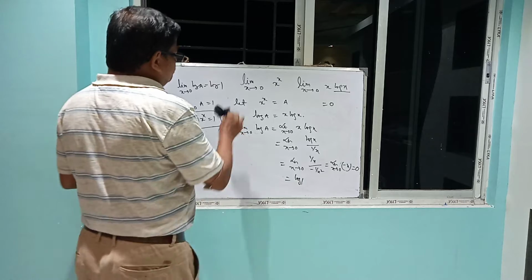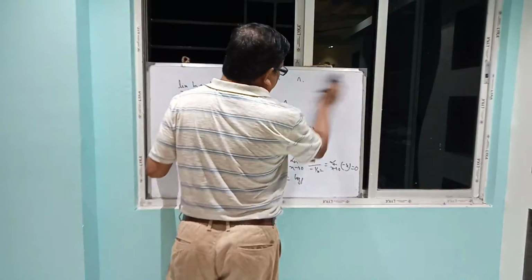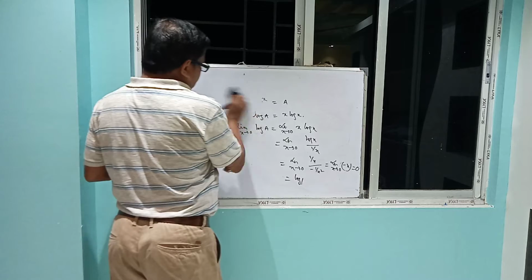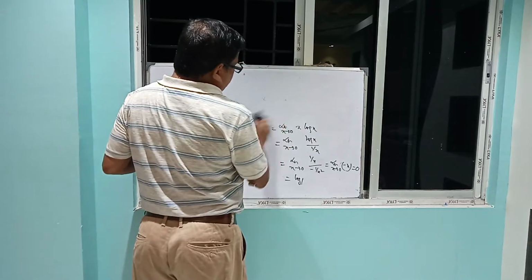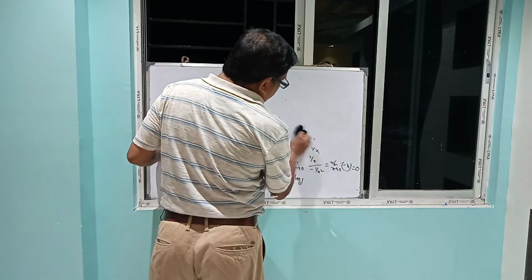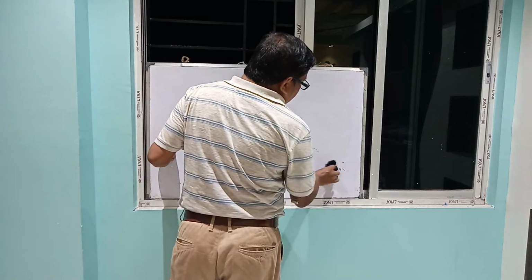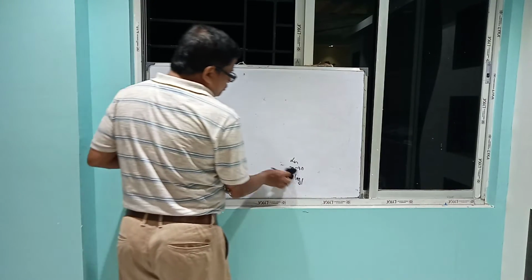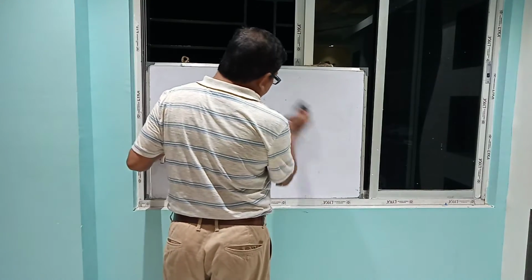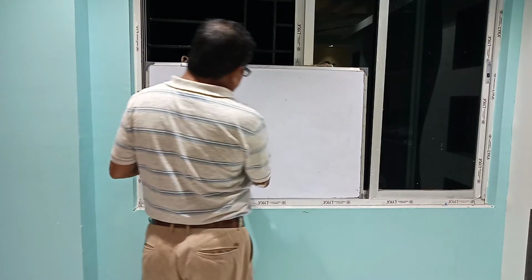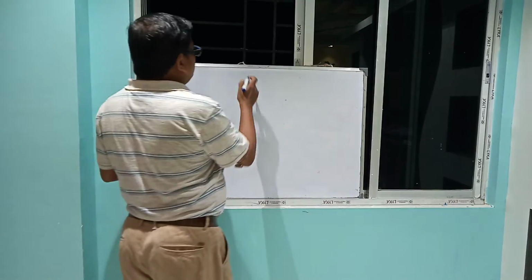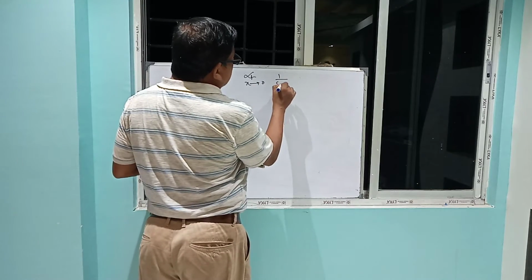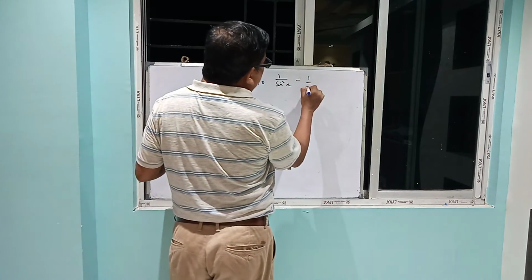Now, suppose limit x tends to 0, 1 by sine square x minus 1 by x square.